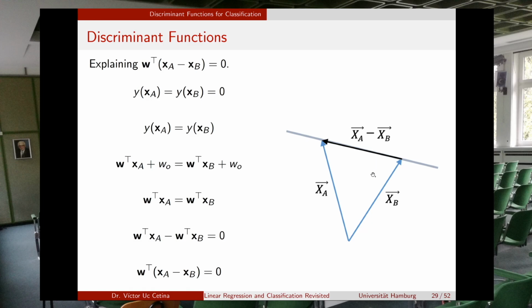And of course, since these two vectors are exactly over the decision boundary, when we compute this subtraction of vectors, we are generating another vector that is exactly over the decision boundary.